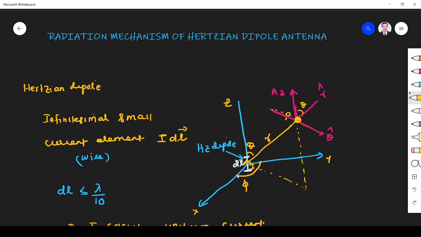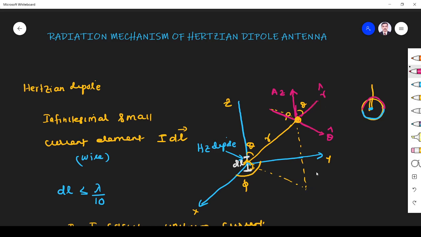So what happens? Whatever field is generated by this area is cancelled by the field generated by the opposite area. For example, this is the phi direction. The field generated from this area is cancelled by the field generated by that area. So the phi component of A will be 0 here.